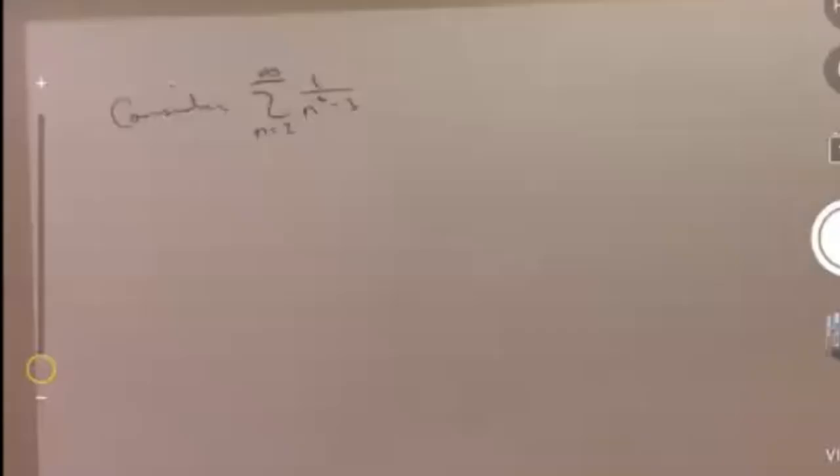Bring out a clean sheet of paper here, and let's start by considering the series 1 over n squared minus 3, as n ranges from, and again, just to keep them all positive, we'll start at 2, up to infinity. What I'm going to do is give you the technique that we're going to use, and then we'll explain to you why that technique works.